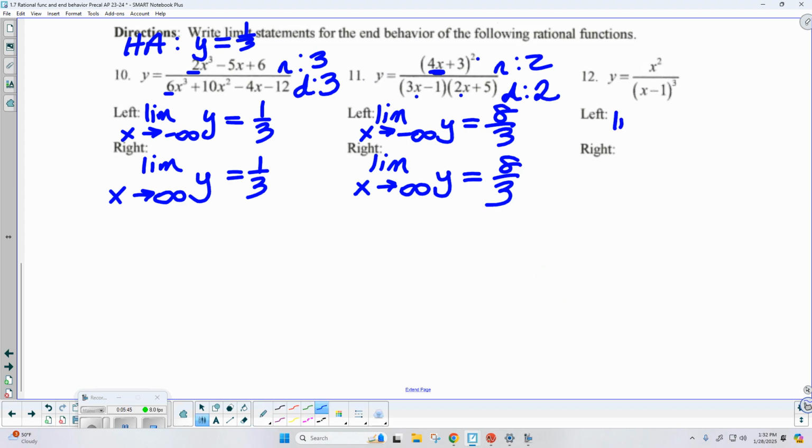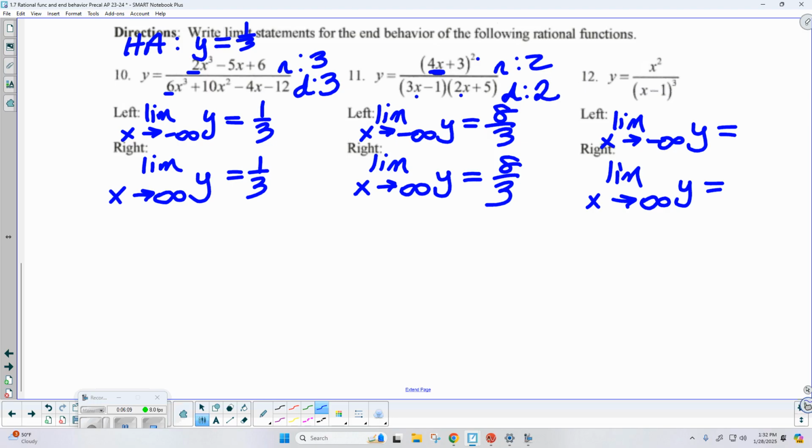The limit as x approaches negative infinity of y, and the limit as x approaches positive infinity of y. Okay, so I'm looking at this rational function here. Who can tell me what it should equal? It's not going to be an infinity, it's going to be a value.